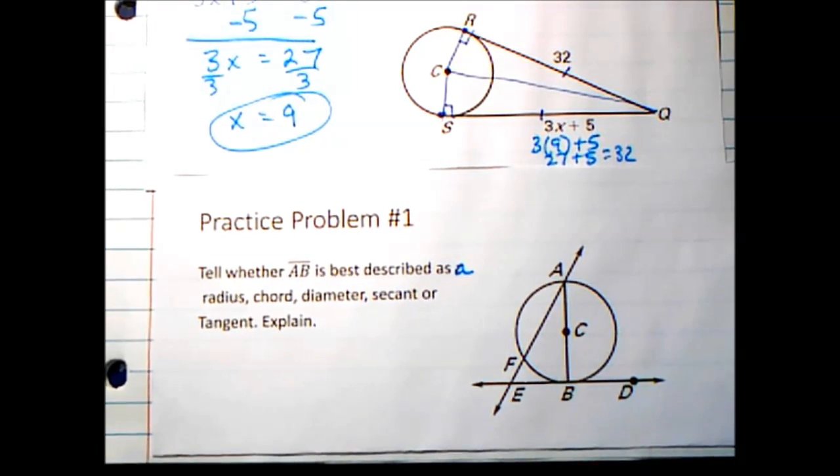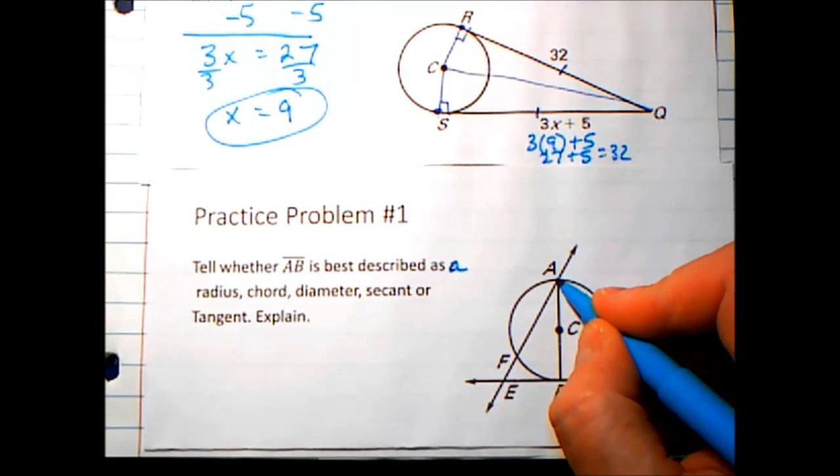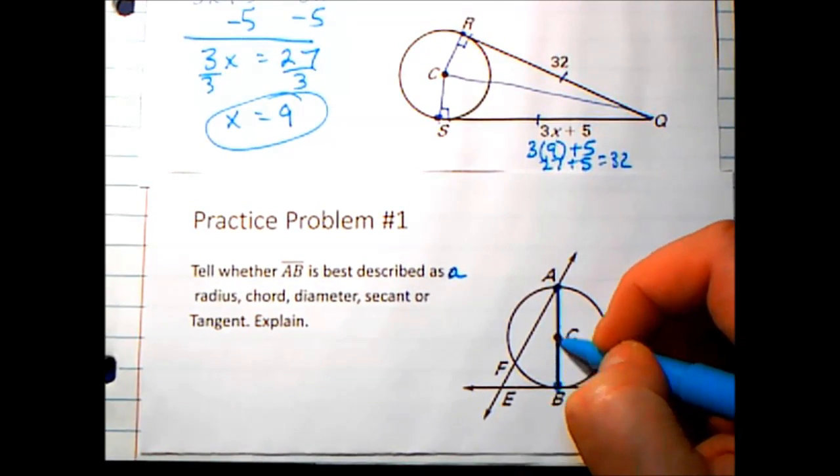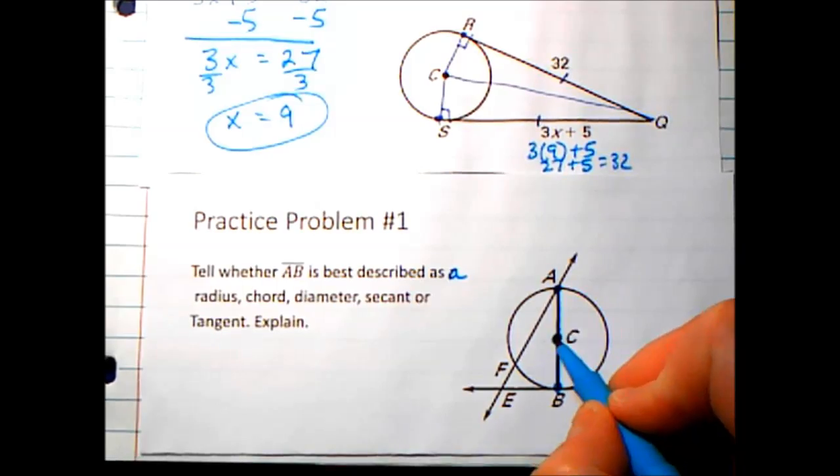Alright, on number 1, it says tell whether AB is best described as a radius, chord, diameter, secant, or a tangent, and then explain. A and B are on the outside of the circle, and that line goes through the center.